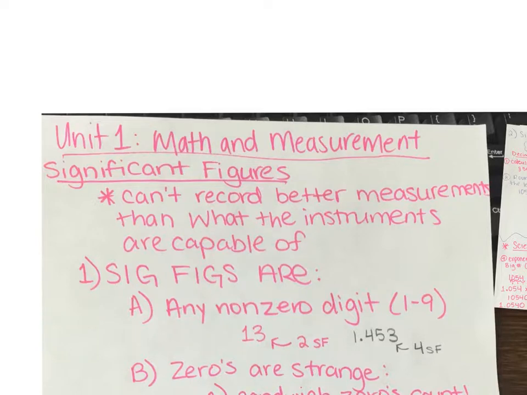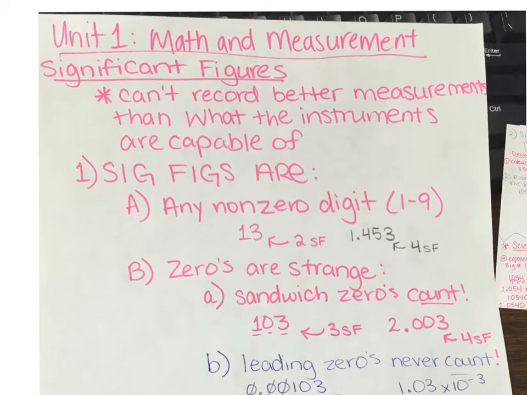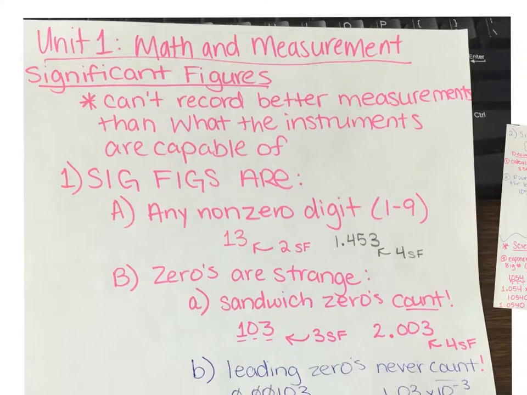So the first thing that you had to write down was significant figures. The reason we have them is because you can't record better measurements than what the instrument is capable of. So if you don't have that many lines, you can't be super specific, you can't pretend that you had a super specific device. You're limited to whatever that device was able to read.